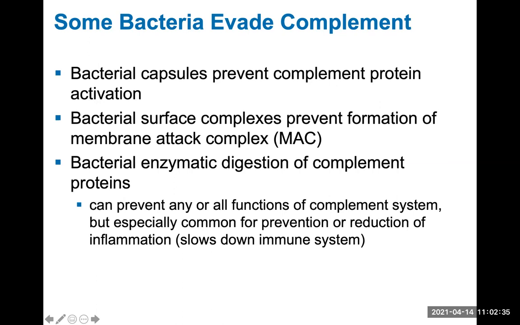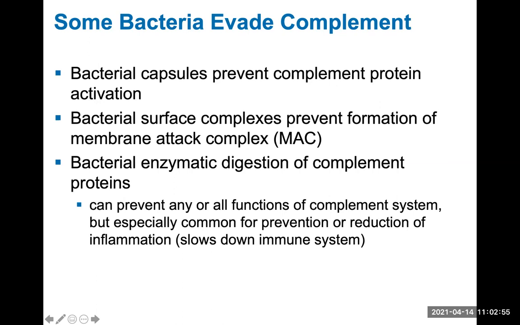And so they might have enzymes that only block out one of the functions of complement, whereas others might even block out all. It depends on which complement protein is being digested.